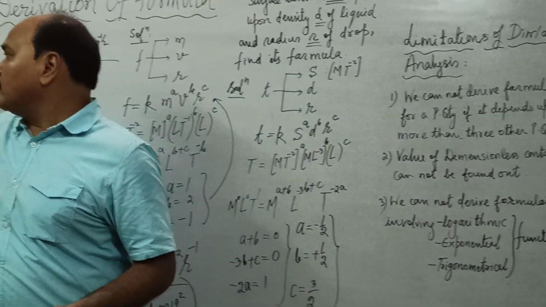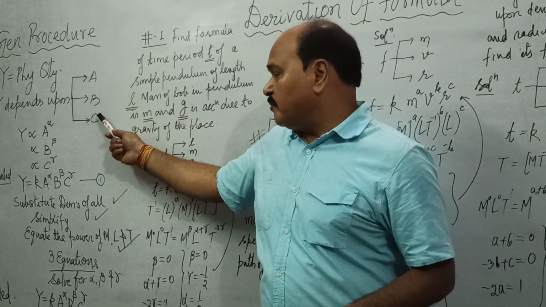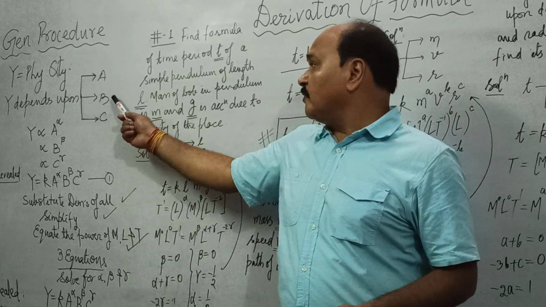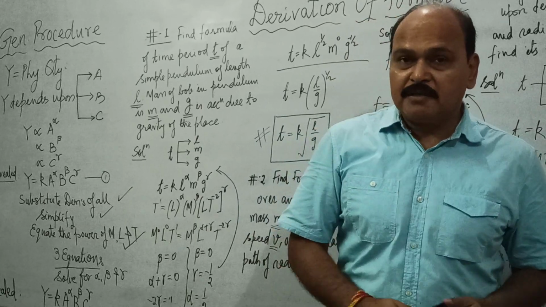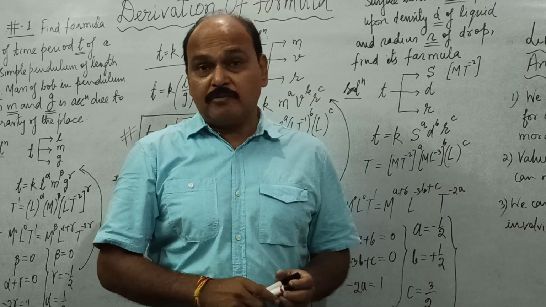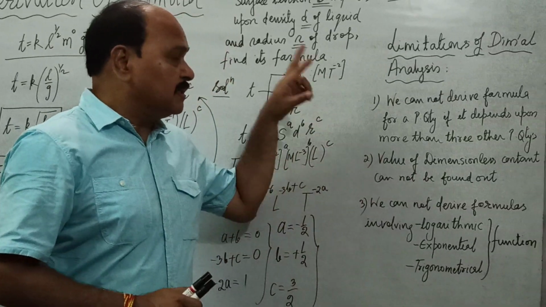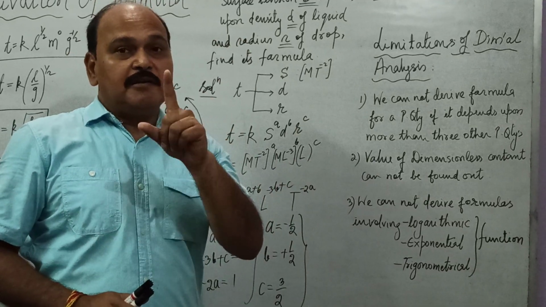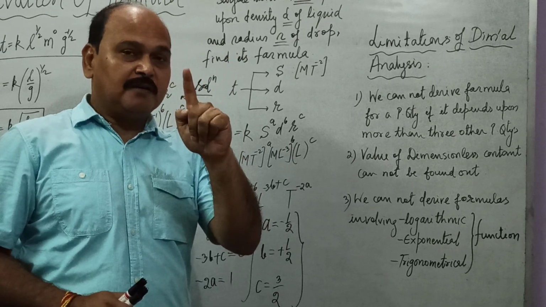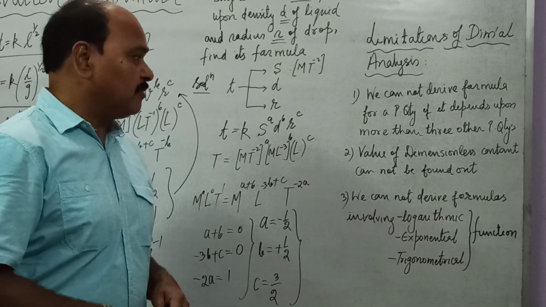If y depends upon more than 3 other quantities, what will happen? We will follow the procedure and we will get 3 equations. If there are 4 physical quantities, there would be 4 variables. So 3 equations would not be able to give the value of 4 variables. Therefore, we can derive the formula of a physical quantity if it depends upon at the most 3 other quantities. Minimum 1, maximum 3, not more than that.